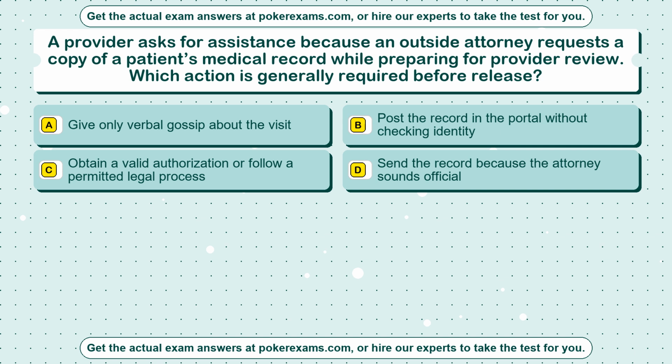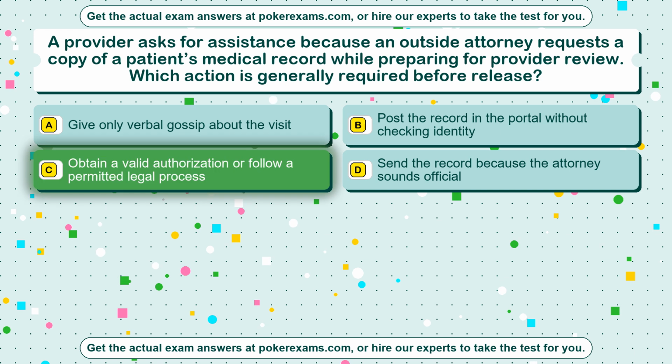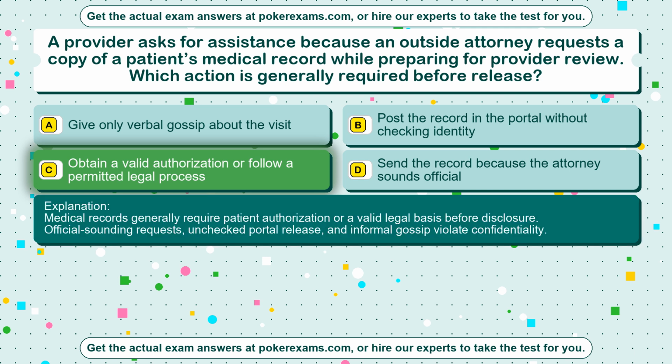Option D, send the record because the attorney sounds official. The correct answer is option C, obtain a valid authorization or follow a permitted legal process. Medical records generally require patient authorization or a valid legal basis before disclosure. Official-sounding requests, unchecked portal release, and informal gossip violate confidentiality.